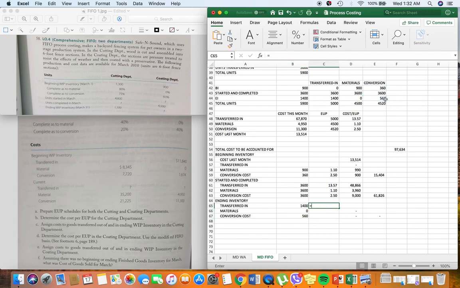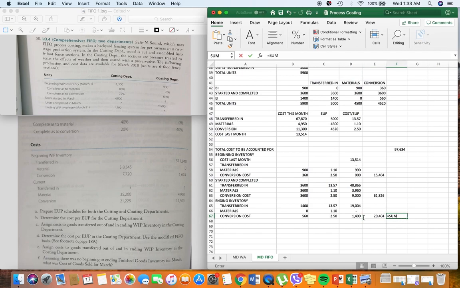Okay? And then, syempre, we'll multiply this by their respective cost per EUP. So, for transferred in, nandyan naman na lahat. So, we'll just copy the formula, no? So, yeah. And then, to compute for the total ending inventory, we have 20,404.